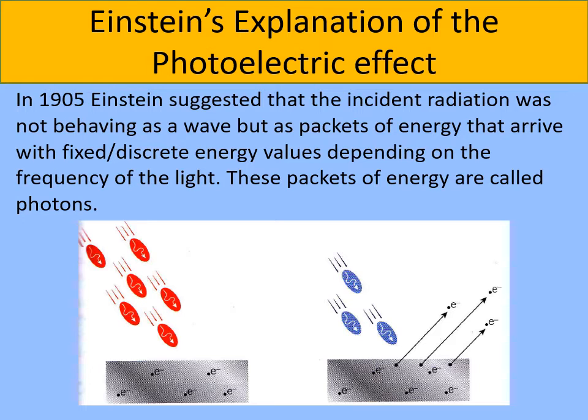Whereas in the picture on the right, we have ultraviolet photons arriving, and each ultraviolet photon has a higher frequency than the threshold frequency, and so each one is able to liberate one specific electron. So there's a one-to-one interaction going on.